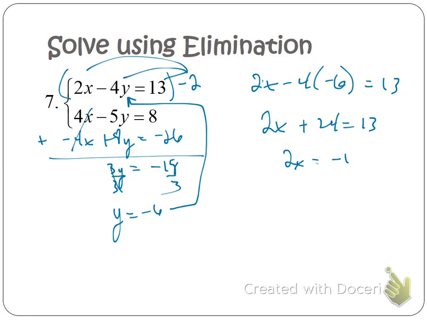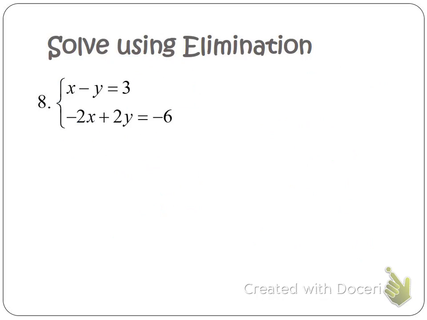So we subtract 24 here, divide by 2, and our solution appears to be -11/2, comma -6. Okay? Again, plug that into the equations, make sure that it works for both, and then you'll know for sure that that's your solution. But there you go, right?